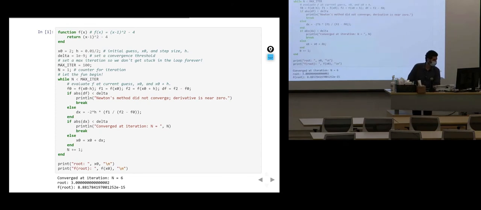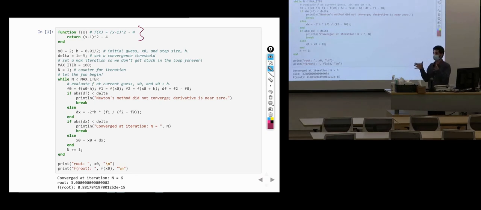Let's see what I am implementing here. So like before, I'm implementing my function. My initial guess, so unlike the bisection method when we had A and B, right? I don't need an interval here. I just need an initial guess.